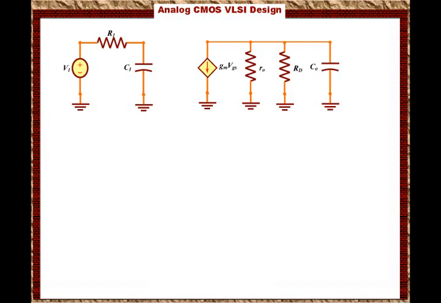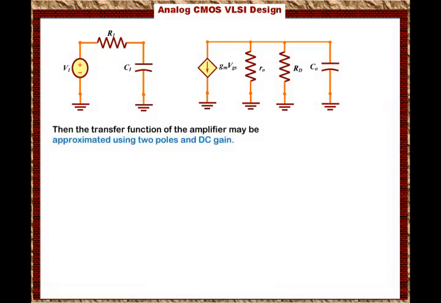Now we can obtain the transfer function or the frequency response very easily. The transfer function of the amplifier is approximated using 2 poles and the DC gain. So let me show you how we can do that. We are obtaining the frequency response using Miller's theorem.